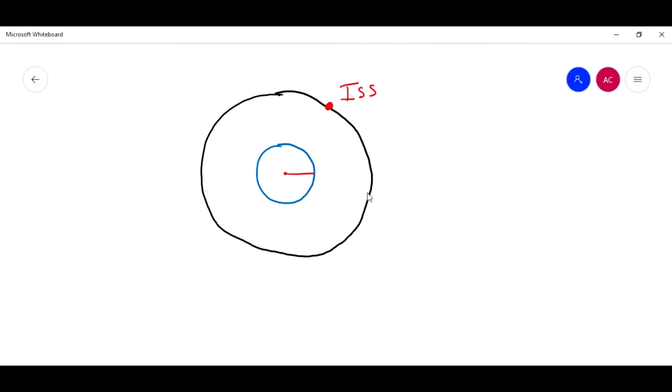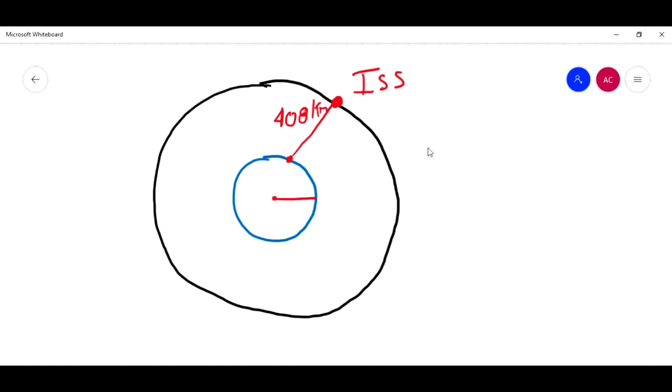The distance from here to here is 408 kilometers. That is interesting data.